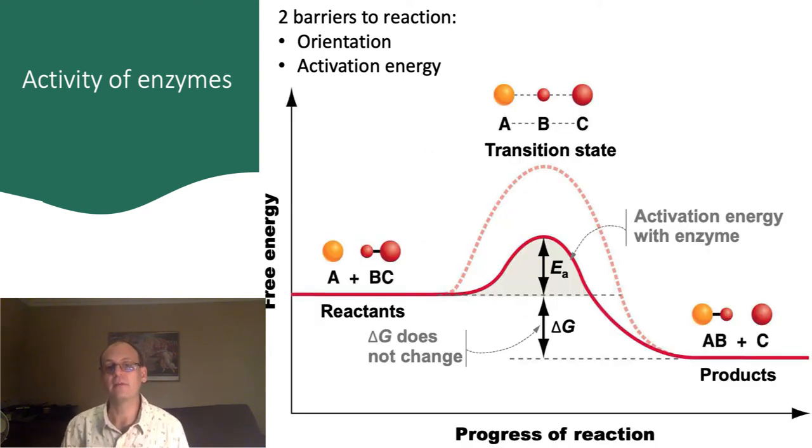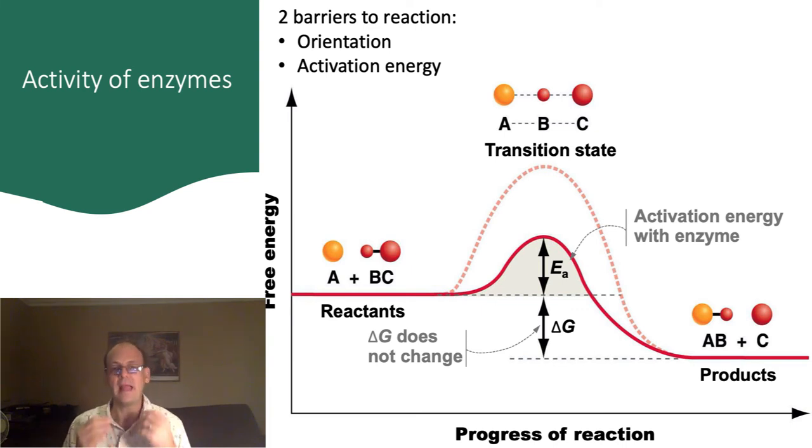The second problem involves that high activation energy and having reactants be energetic enough to cross that transition state. Enzymes reduce the activation energy, making it much easier for individual molecules or individual reactions to have enough energy, even at low temperature, to get over that transition state threshold.